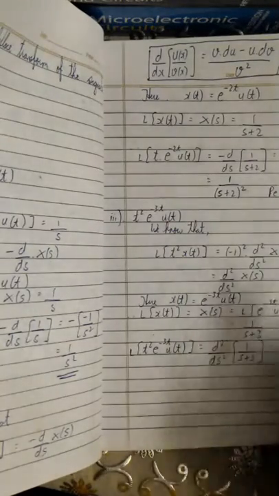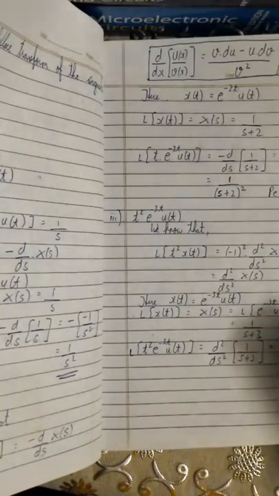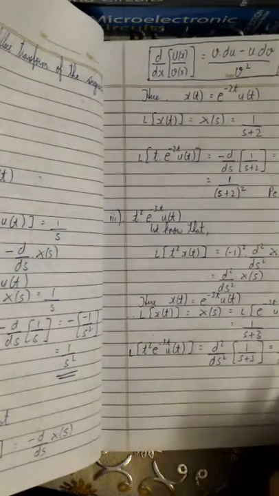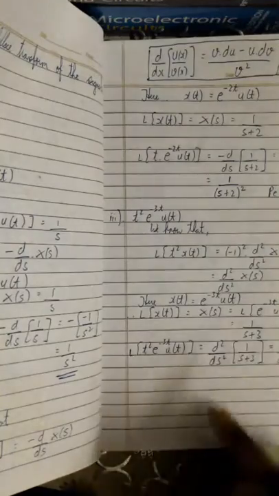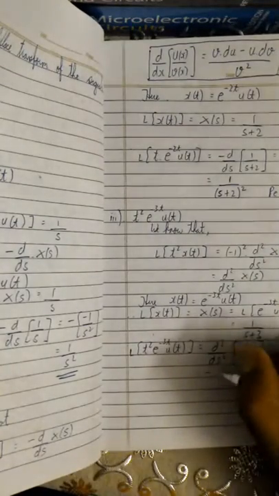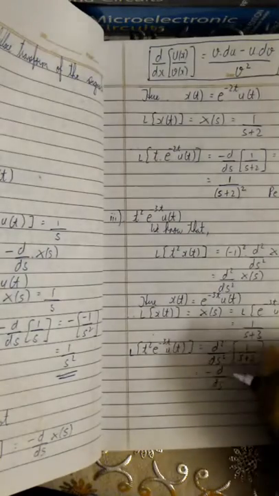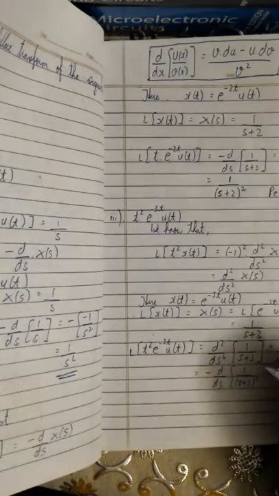If I differentiate it once, I will get d by ds of minus 1 by s plus 3 the whole square. Take this minus 1 outside, it will become minus of d by ds of 1 by s plus 3 the whole square.